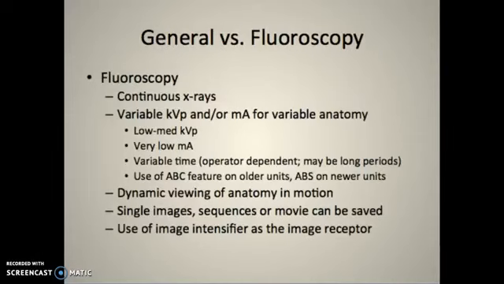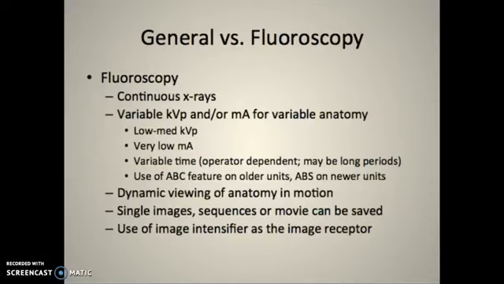In fluoroscopy, it's a continuous X-ray. So we have variable kVp and/or mA for the anatomy. We use low to medium kVp, and we use as low of an mA as possible, so very low compared to general diagnostic X-ray. The time is variable, and what that means is that it's dependent on how long we fluoro.